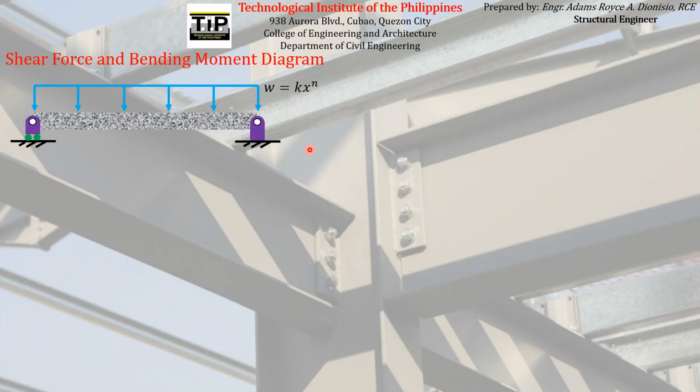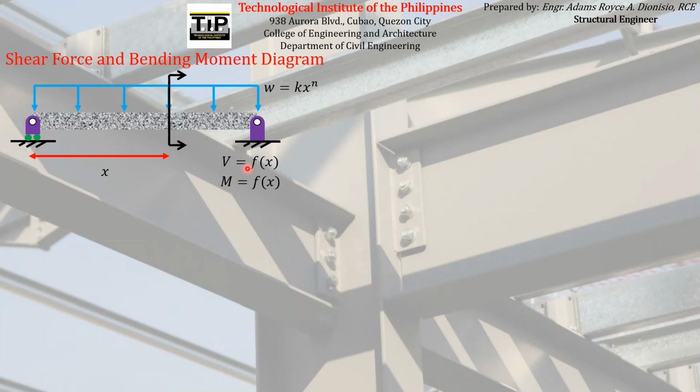Say we already know the shear and bending moment acting along the beam as a function of x, which is the distance of the particular location where we are interested to find the shear and bending moment, and x is usually measured with respect to the left end of the beam.